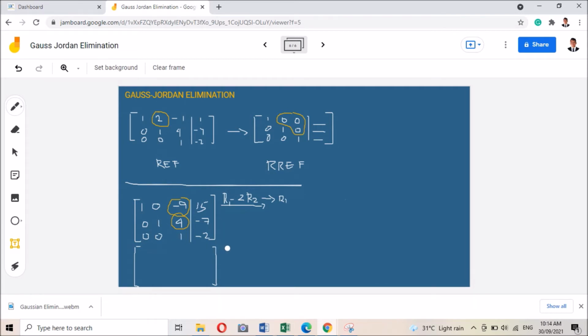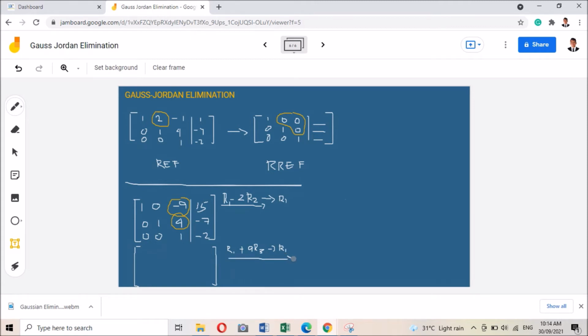So that means our R1, or row 1, plus 9R3, and we'll put the entries in R1. Since R1 is negative 9, plus 9 times 1, of course 9, it will give us 0. That's our goal in making the elementary row operation.